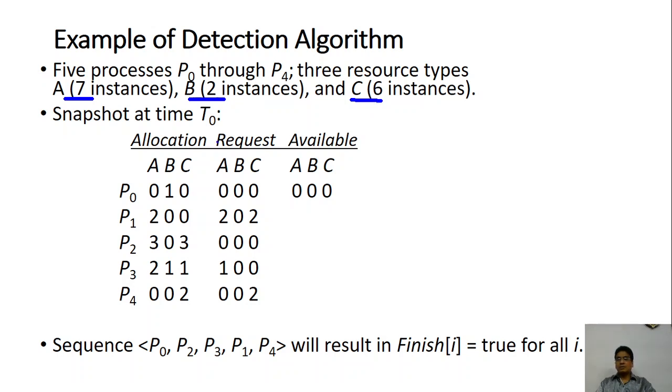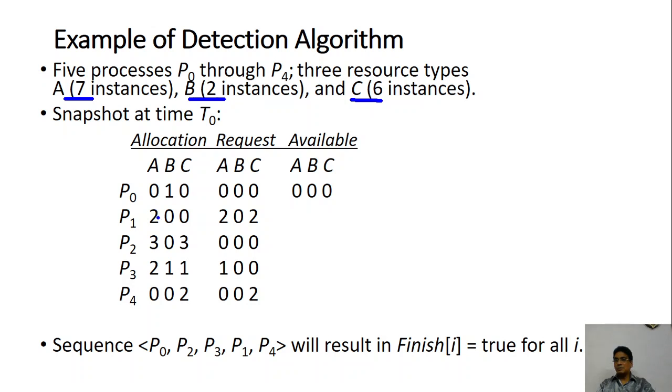Okay, so some resources are allocated. Whenever a process starts, you give some resources to it. So P0 is given 1 instance of B. It is not given any other resources.